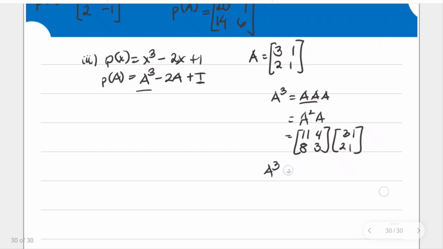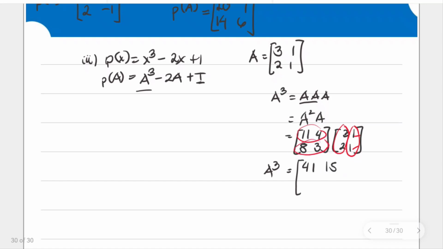So let's multiply. You will have this first row to this first column. 11 times 3 is 33. 4 times 2 is 8. 33 plus 8, 41. That's correct. Next, same row but different column, and since they are both 1, you can simply have 11 plus 4, 15.